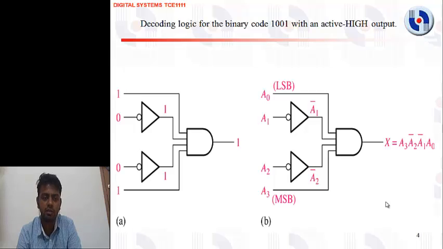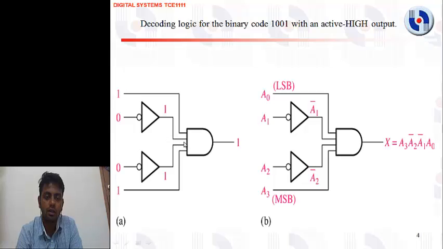This is the basic diagram of an AND gate. How it works, I will show you. Initially, this is the AND gate. This is the NOT gate. We are connecting four inputs to the AND gate, where the inputs are 1, 0, 0, and 1. Two of them are connected through NOT gates.